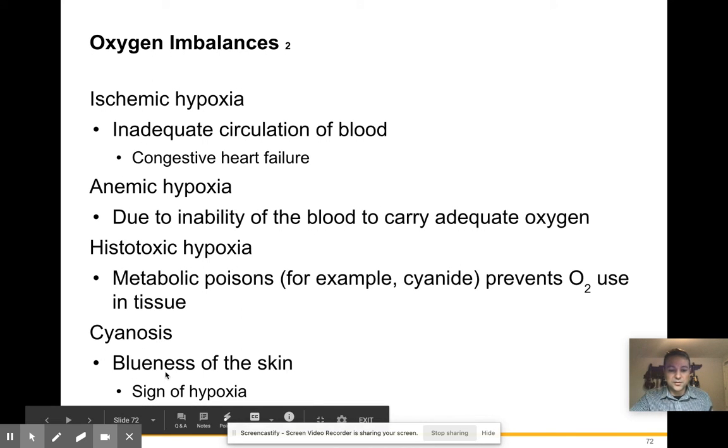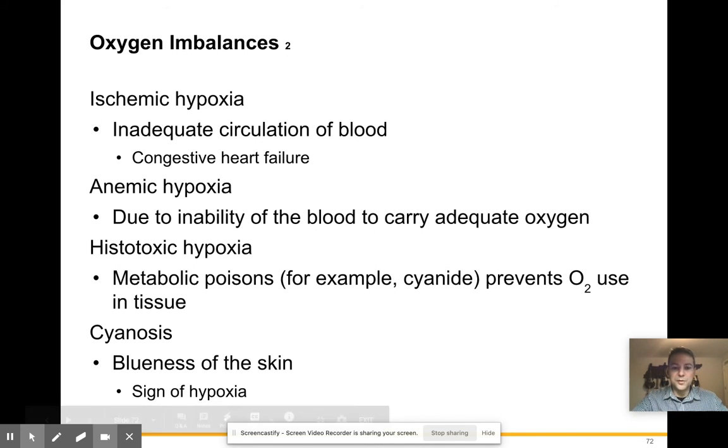Cyanosis ends up giving you something called blueness of the skin. If you look it up, there are these people called the blue people of Kentucky. I don't want to say a tribe, but they were a group of people that were very isolated from the rest of the world, kind of like the Amish.